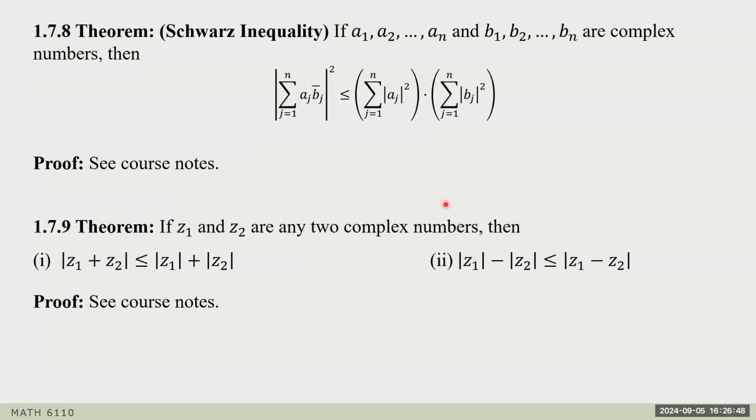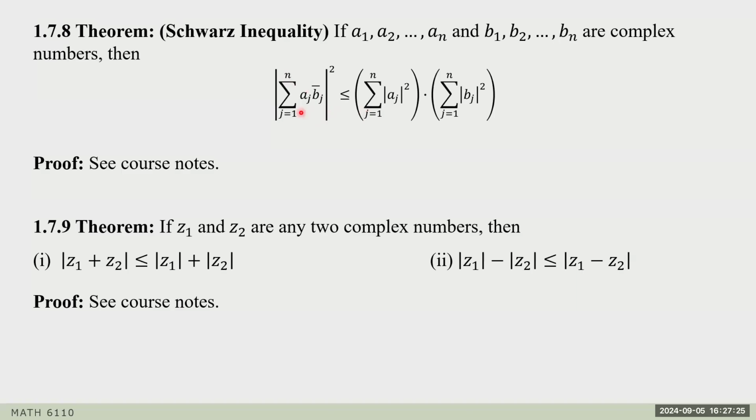So, the Schwarz inequality. The proof is in your course notes. This is going to come in handy when we have to talk about L^p space. All it's pretty much saying is, if you have n complex numbers a_j and n complex numbers b_j, and you take the sum of the products, notice that the b's have conjugates over them.